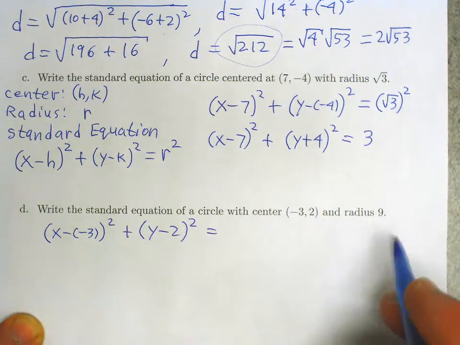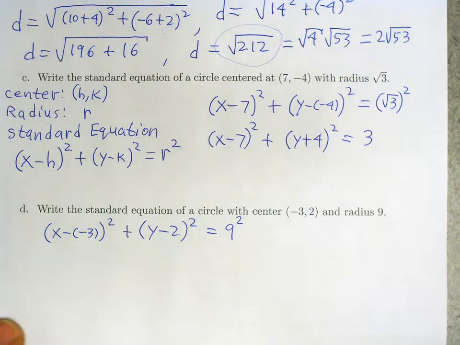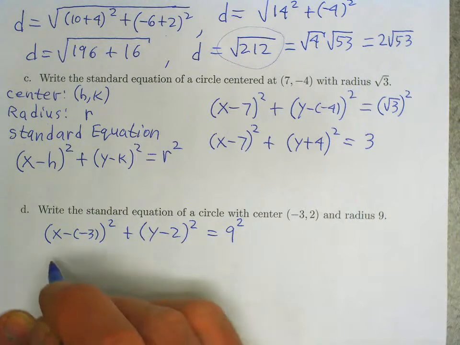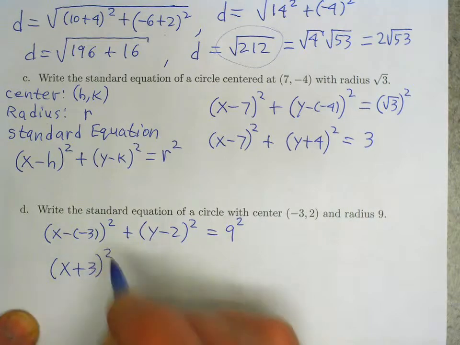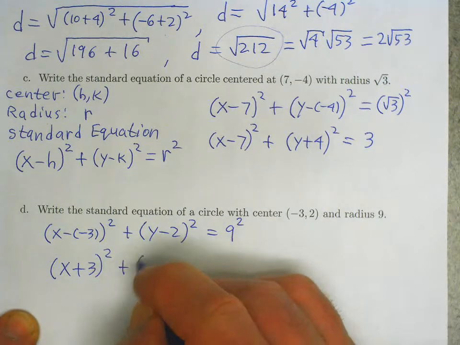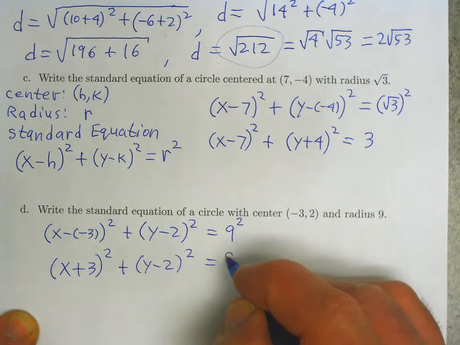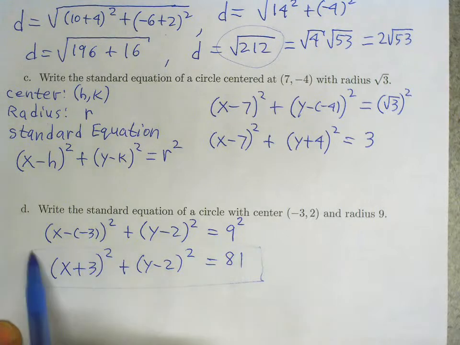The radius is 9, so the right-hand side is 9 squared. And we want to simplify a little bit. x minus -3 is equivalent to x plus 3. So we have x plus 3 quantity squared plus y minus 2 quantity squared equals 9 squared, which is 81. So this is the standard equation of that circle.